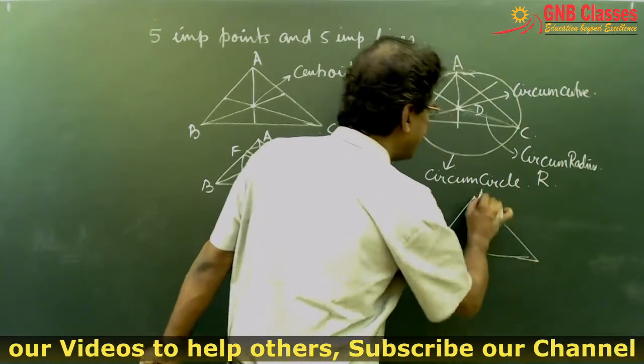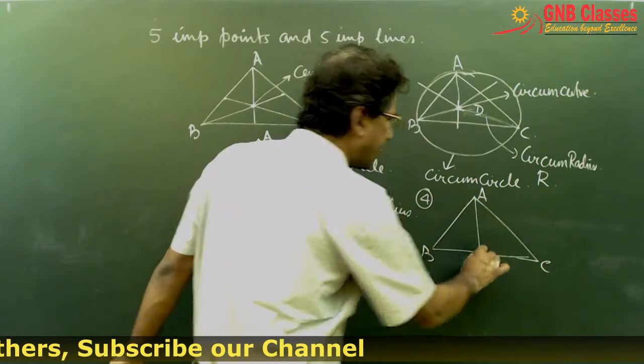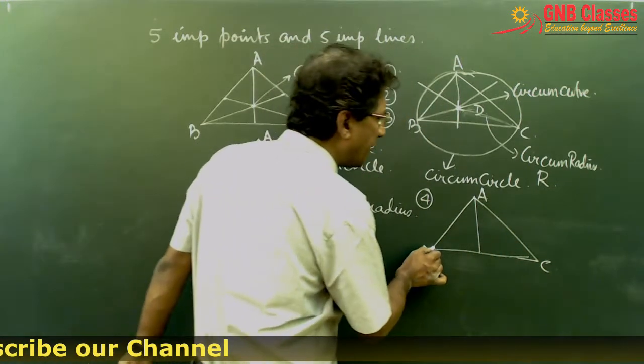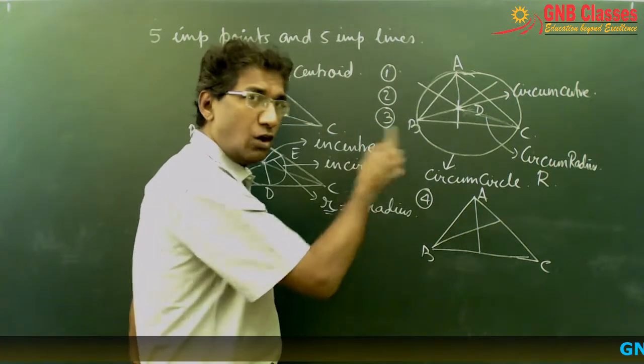Next, the fourth point is, in a triangle ABC, we can draw, look carefully, three perpendiculars from the three vertices on the opposite sides.